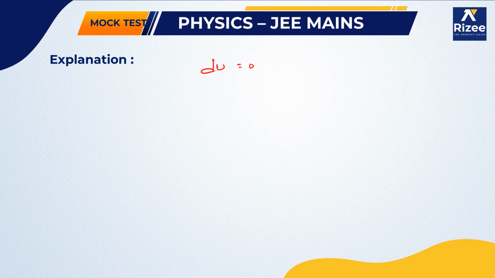That means dU1, equal to dQ1 minus dW1, should be equal to dQ2 minus dW2, equal to dU. Let me take this as U1 and this as U2, or we can eliminate this particular thing please. So the change in internal energy will be equal to 0.